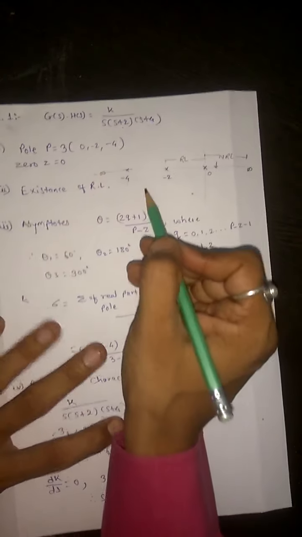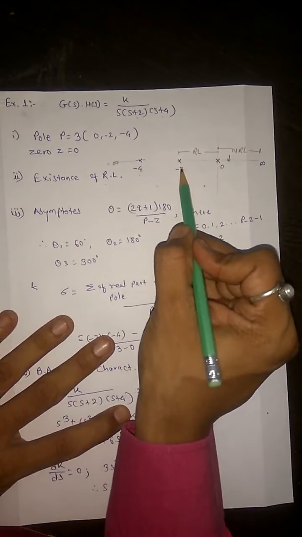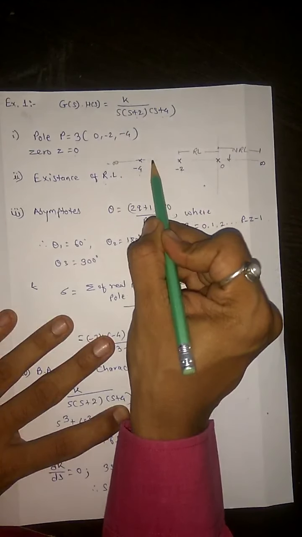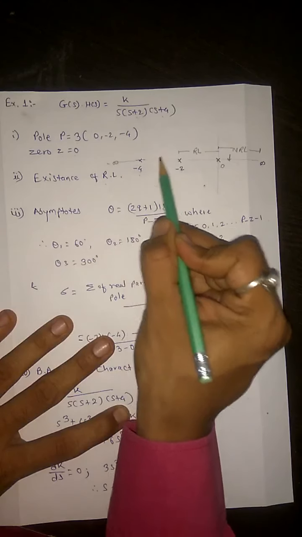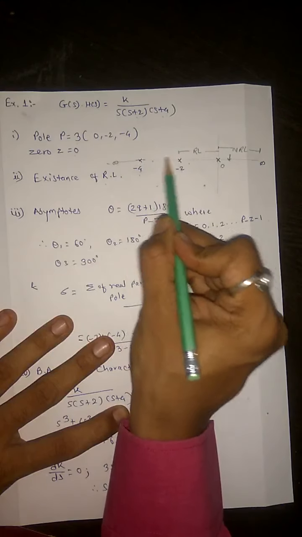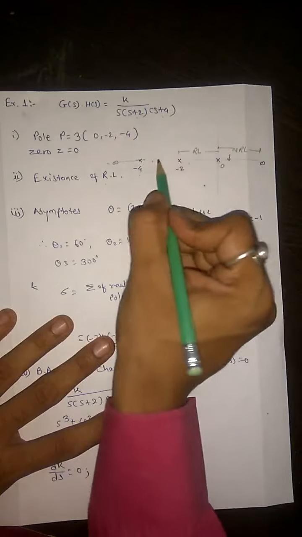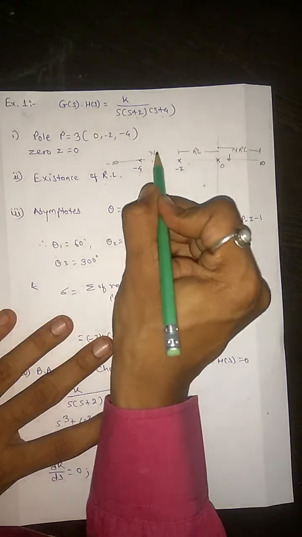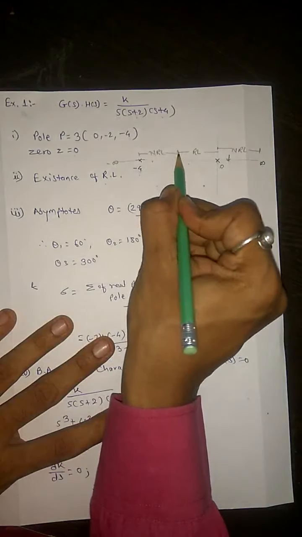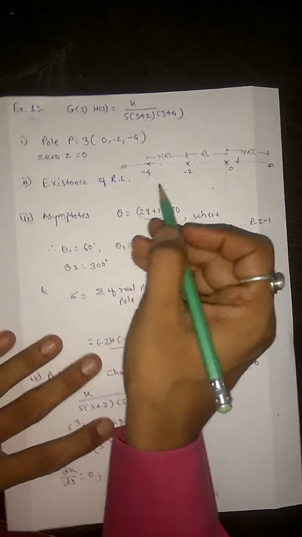Next is minus 2 to minus 4. If I put one point between minus 2 and minus 4 and check on the right hand side, counting the number of poles or zeros, 1, 2. 2 is an even figure, so this is non root locus. Your count should be an odd figure.